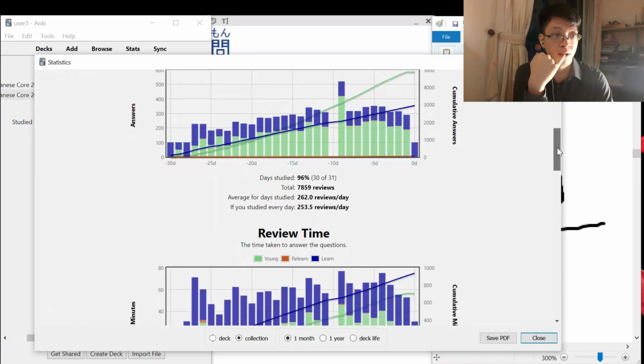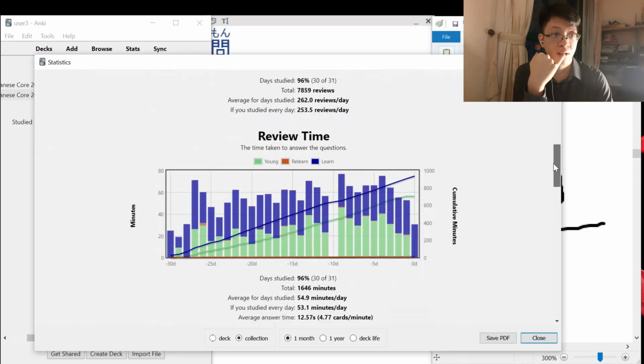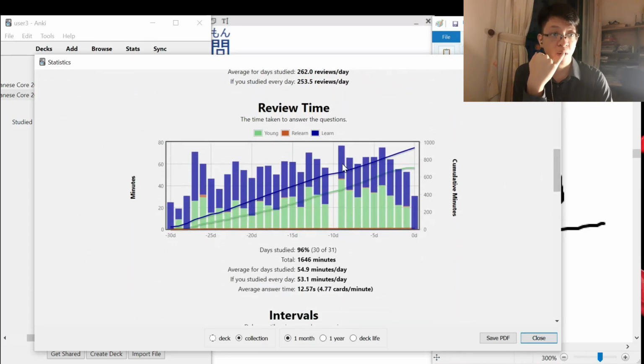Okay, review time. So the time taken to answer the question, a total of, wow, 1,646 minutes have already been spent studying Japanese with Anki. So on average 54 minutes every day.